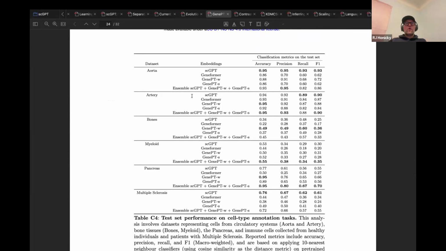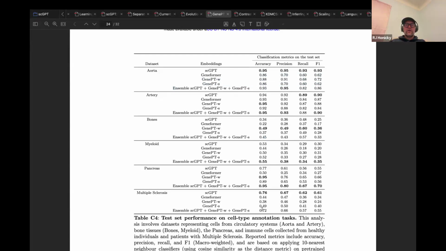So another thing that they tried was this ensemble of the three SCGPT plus the WNS model. And it looks like the ensemble doesn't hardly ever win. Like it wins 3 out of 6, so that's fine. But even when it loses, it tends to be close to the max, right? So that's not surprising for an ensemble model.